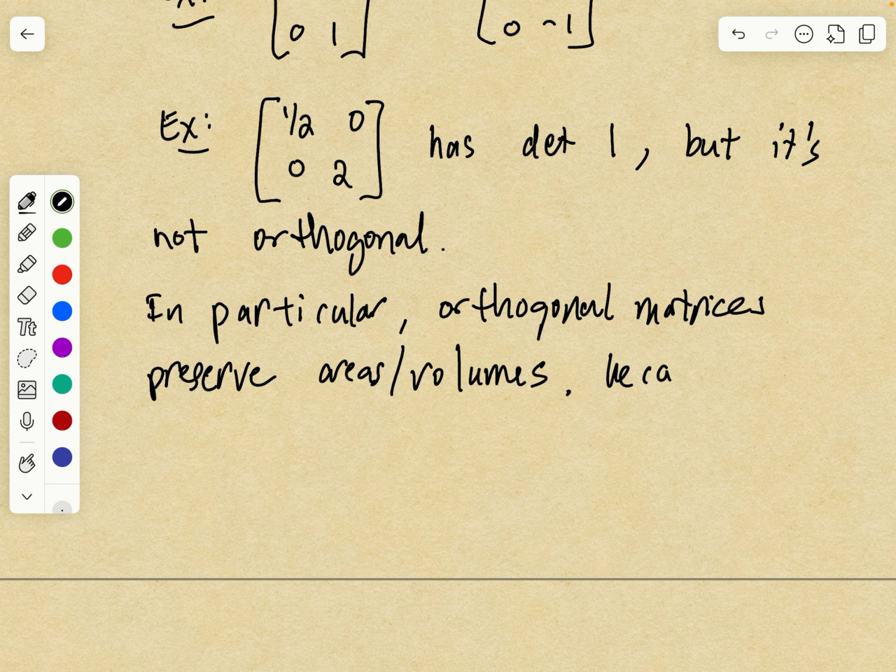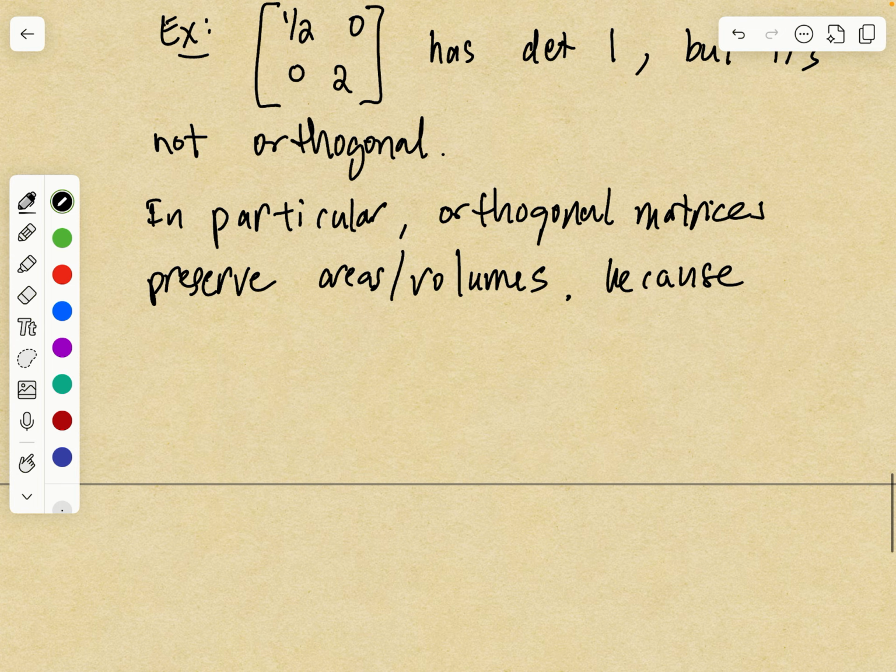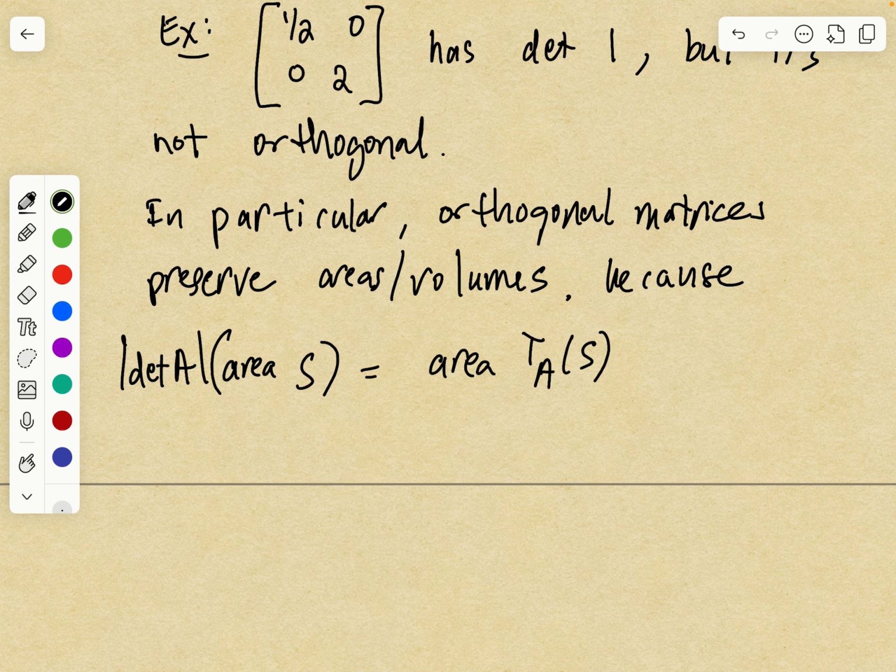because remember that if I have a region S in the domain, when I take the area of S and then multiply it by the absolute value of the determinant of A, I get the area of the transformed region. I get the image of the region under the transformation, the area of that.